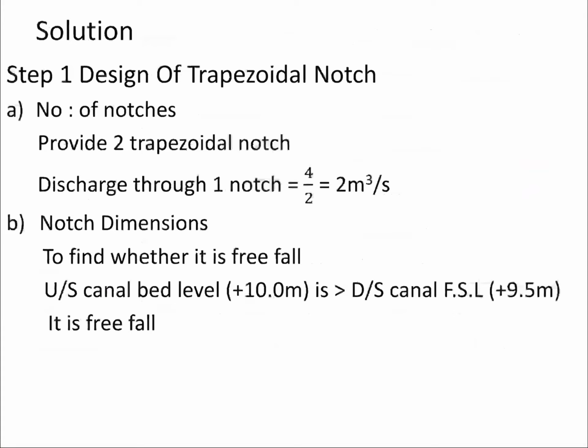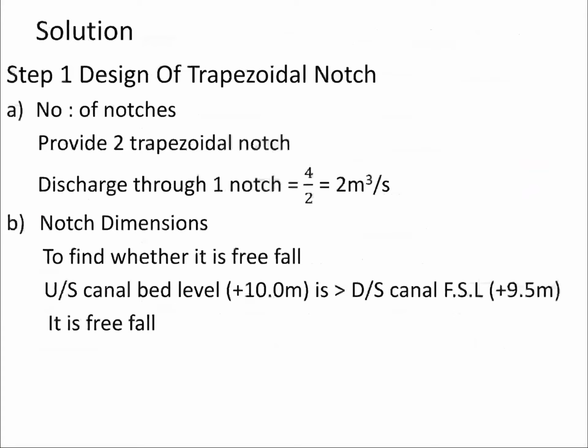So first, design of trapezoidal notch. First we should fix the number of notches. So provide 2 trapezoidal notches. We know the total discharge through the wall is 4 meter cube per second. So through one notch will be 4 divided by 2 meter cube per second. Next we can fix the notch dimensions.